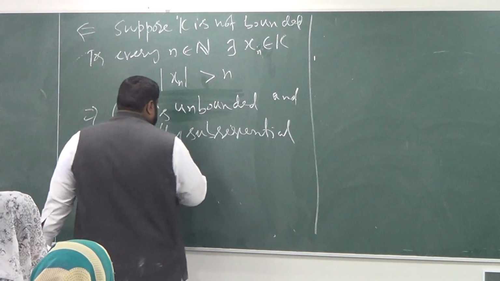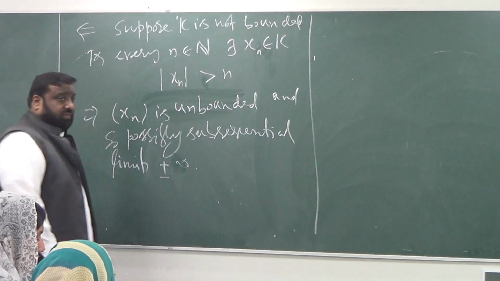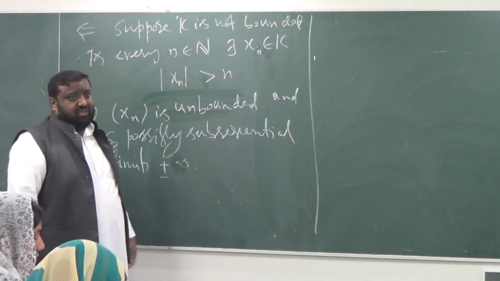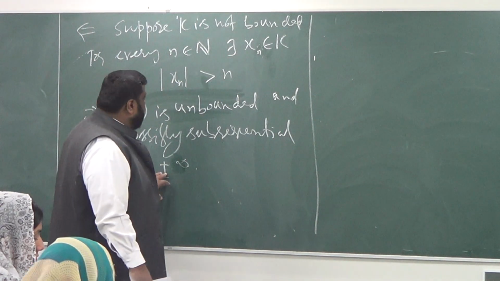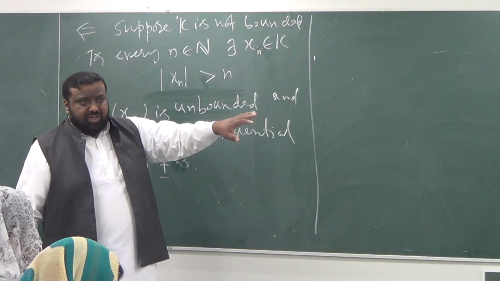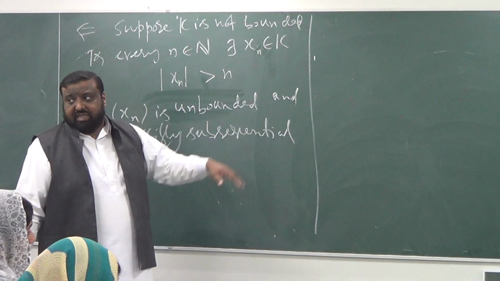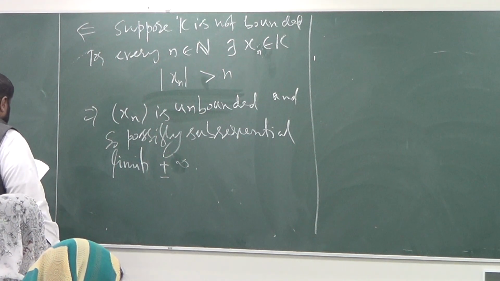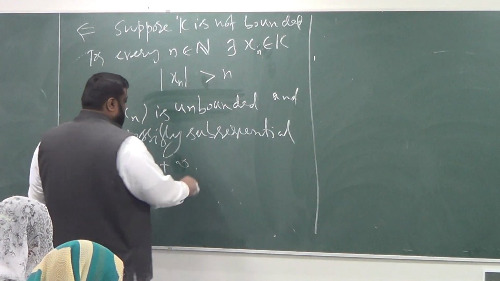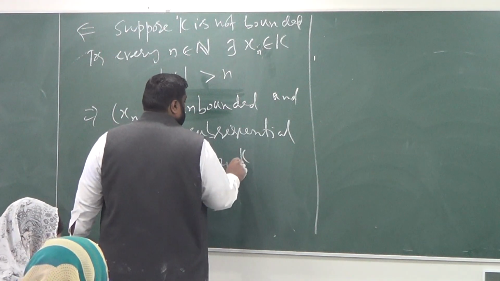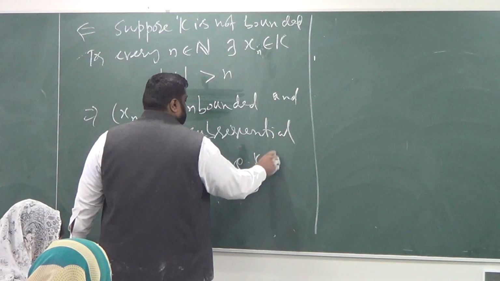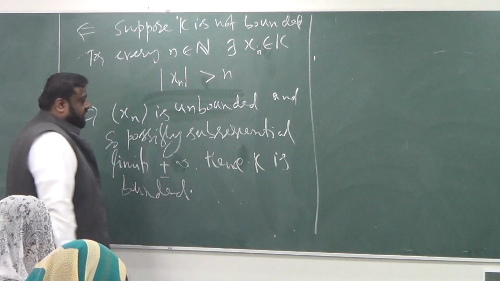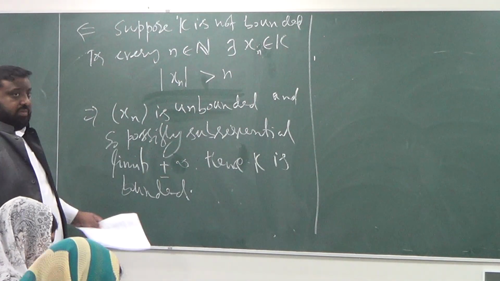But does plus minus infinity belong to K? So it kind of contradicts your definition of being sequentially compact. Hence, K must be bounded.